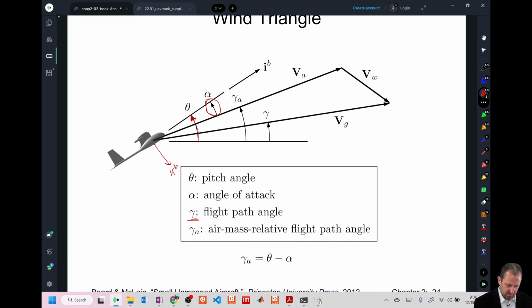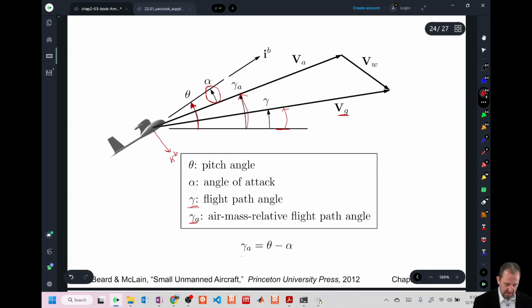This flight path angle gamma just tells us the angle to get up to our V sub g. So that's very similar to what we then will call gamma sub a, which is the angle to get us up to V sub a off of the plane defined by the northeast vectors.